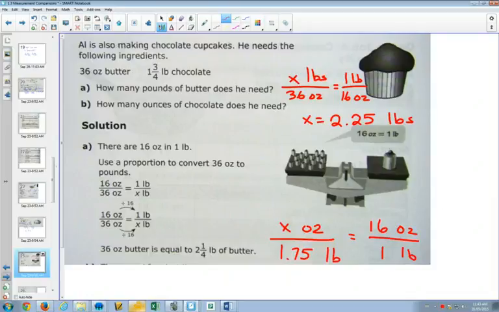So multiply both sides by 1.75. And it's equal to 28 ounces. Throw the whole thing in. So it tastes better.